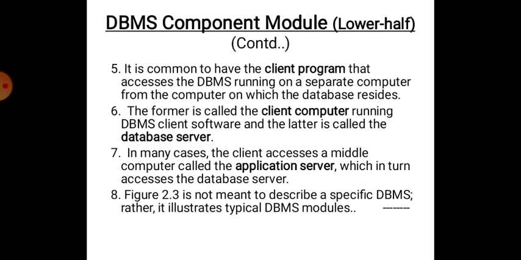Point number 7. In many cases, the client accesses a middle computer called the application server, which in turn accesses the database server. Point number 8. Figure 2.3 is not meant to describe a specific DBMS, rather it illustrates typical DBMS modules.